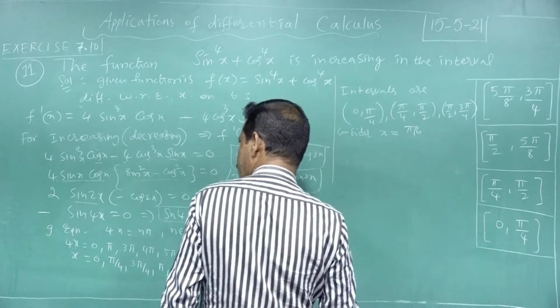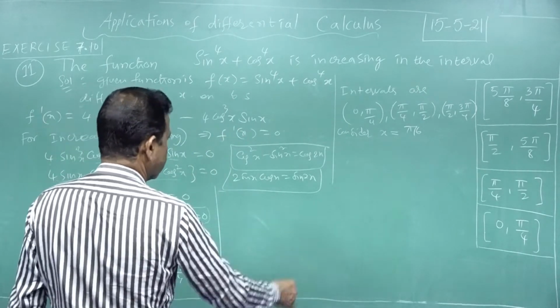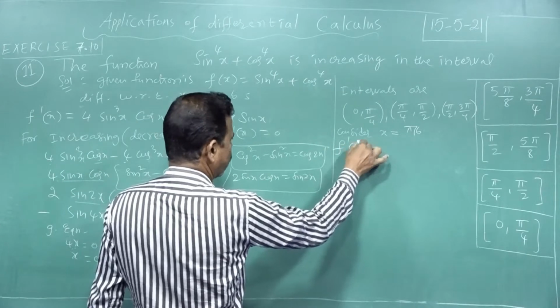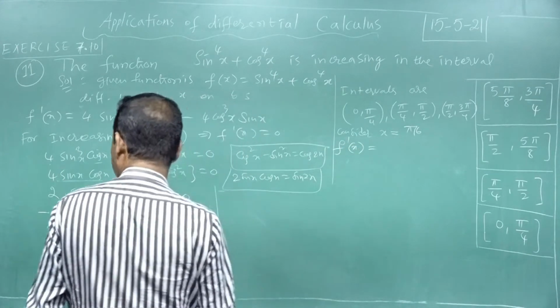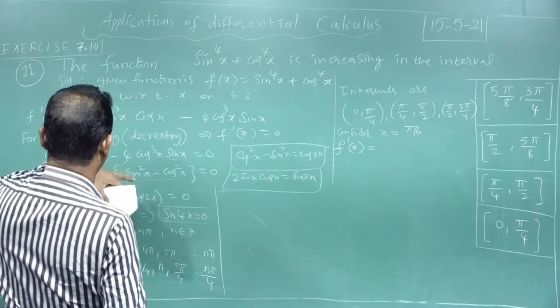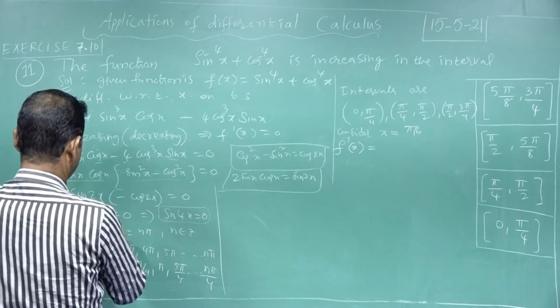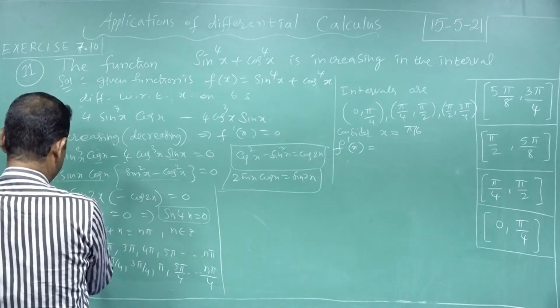So what is f'(x)? f'(x) is minus sin 4x.